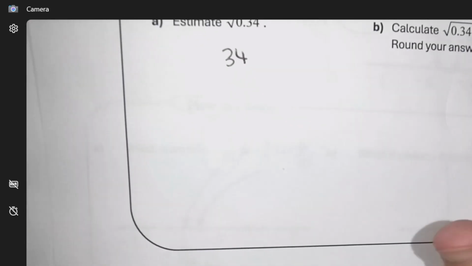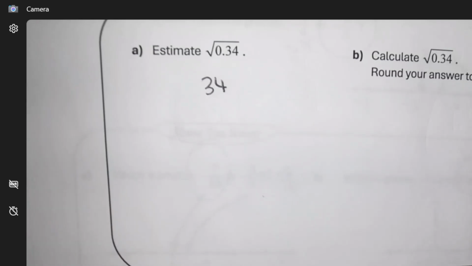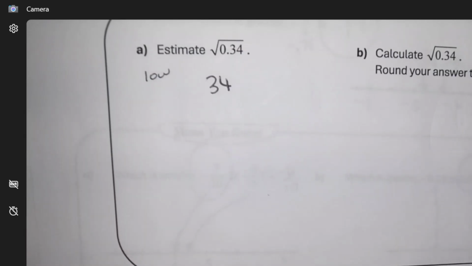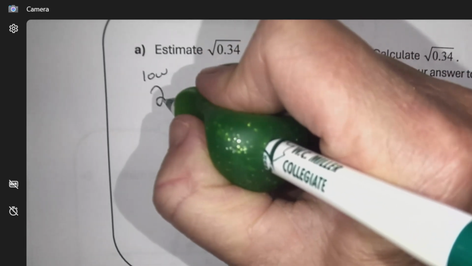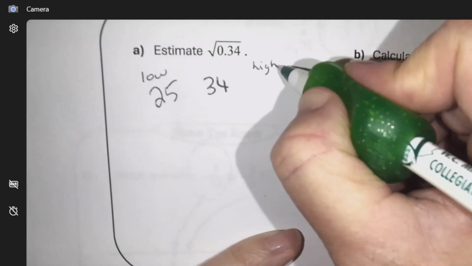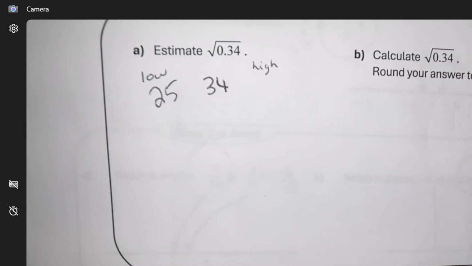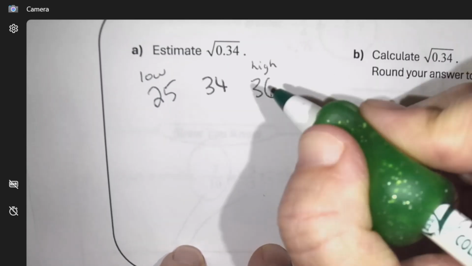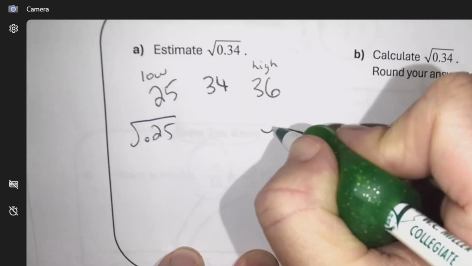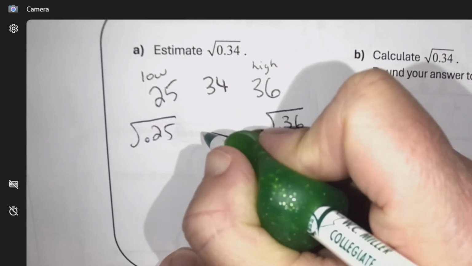Okay, 34. Forget the decimal for a second. Not a perfect square. Can you get me something perfect that's below 34? 25. Can you get me a perfect square over here? 36. I think it is 0.69 or 0.68, sorry.